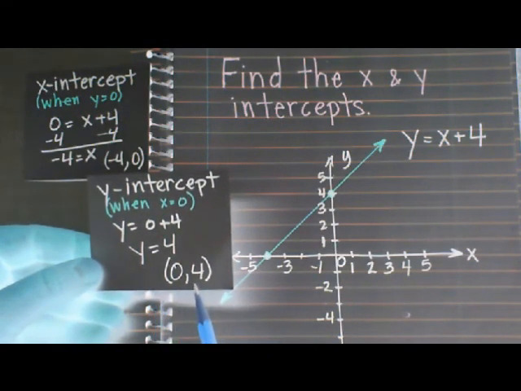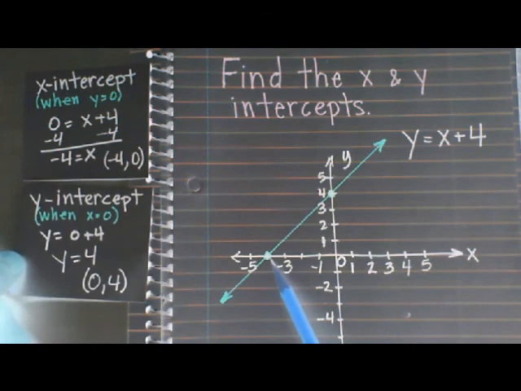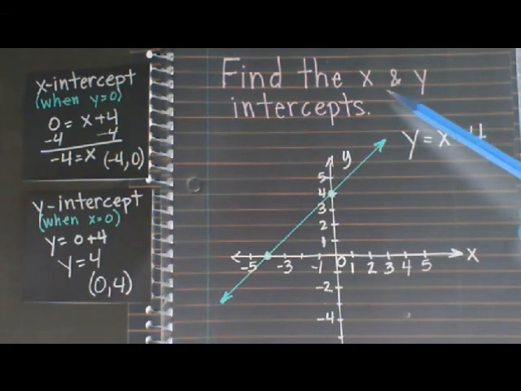So the ordered pair for the y-intercept is 0, 4. We marked the y-intercept at 0, 4. We mark the x-intercept at negative 4, 0. And I drew the line to connect the 2 points. And that's how I found the x and y intercept for the equation y equals x plus 4.